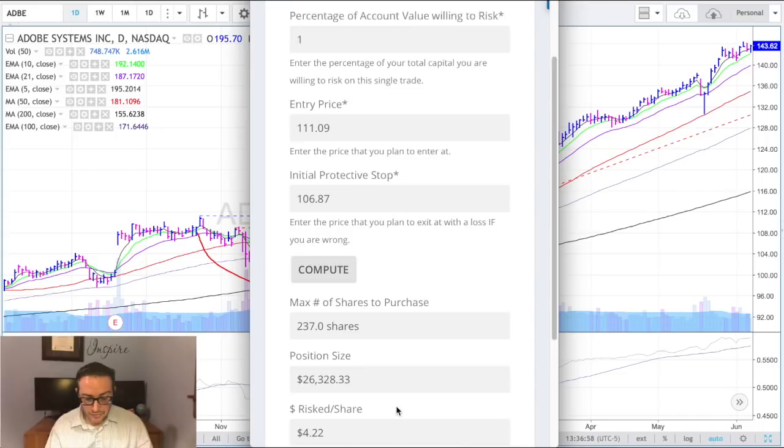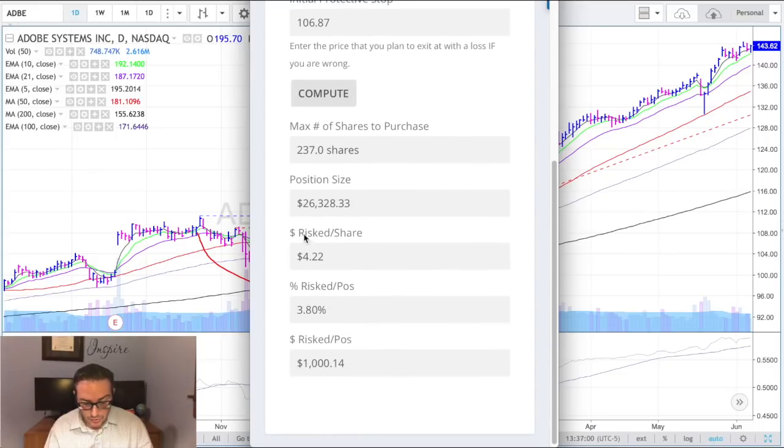So we were able to buy 237 shares, a position size that was a little over 25% of the capital that we had on hand, and we're still only risking 1% or about $1,000.